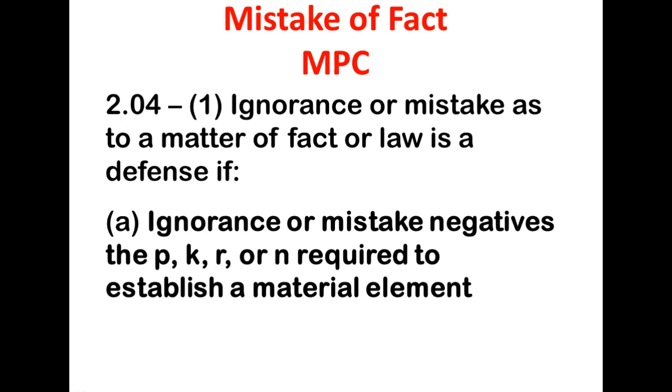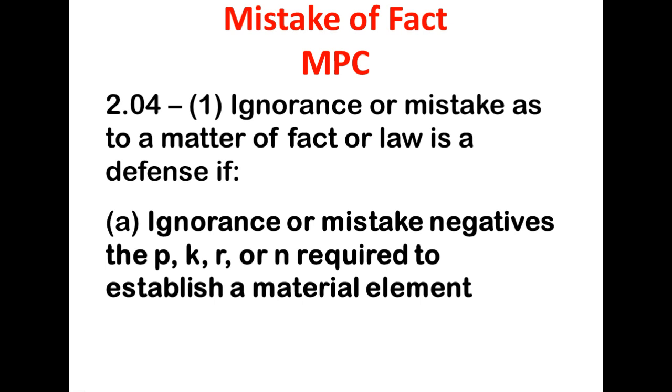The Model Penal Code handles this slightly differently. And as you know, the Model Penal Code does not involve a distinction between general intent or specific intent crimes. There is no such distinction in the Model Penal Code. And in fact, what the Model Penal Code does is it ties the ignorance or mistake directly to the culpability elements.